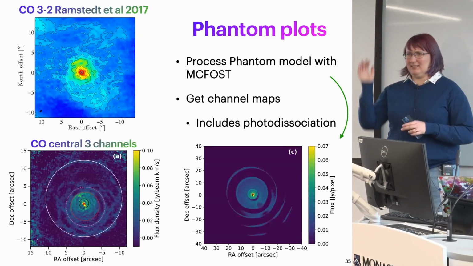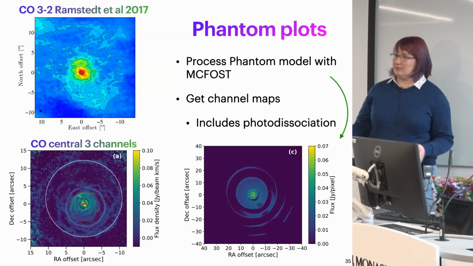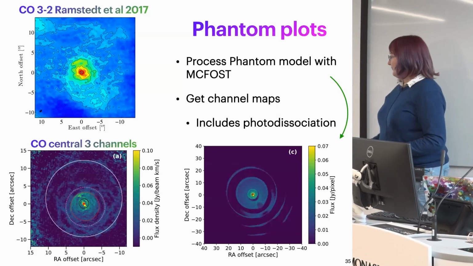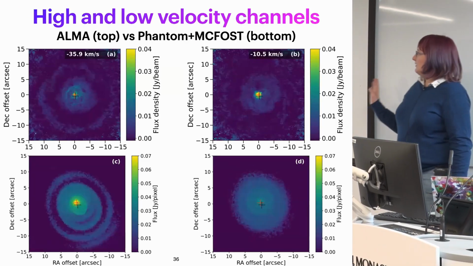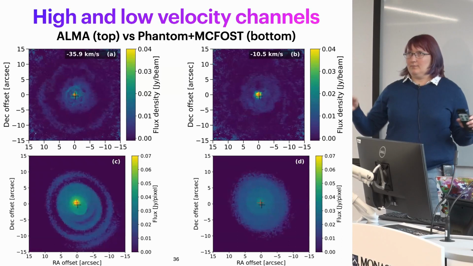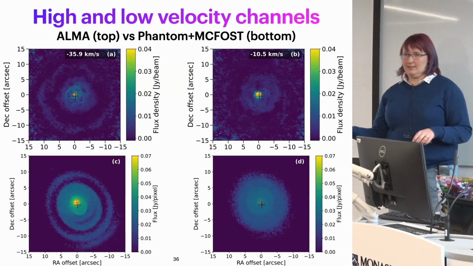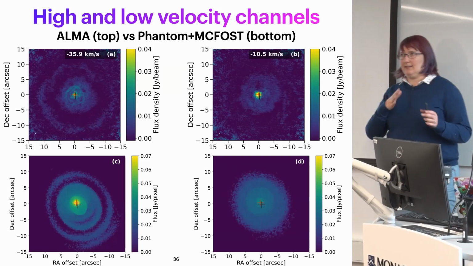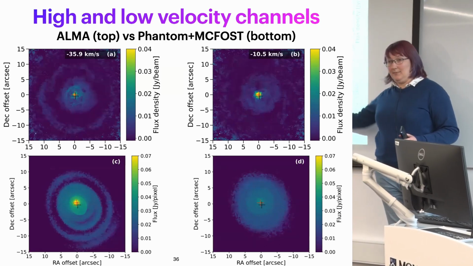So that's probably a significant thing. And then we've got convective cells on the surface of the star. Stellar pulsations are also not taken into account, and so on. But another nice result is that if we look at some of the bluer and redder channels from the Phantom model processed by MCFOST, we can see that in velocity space, the shape is not symmetric.